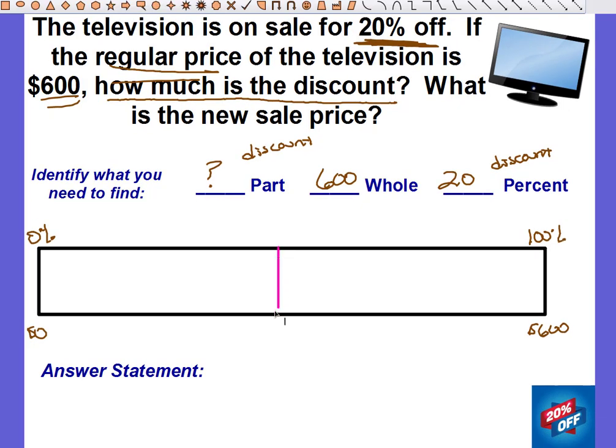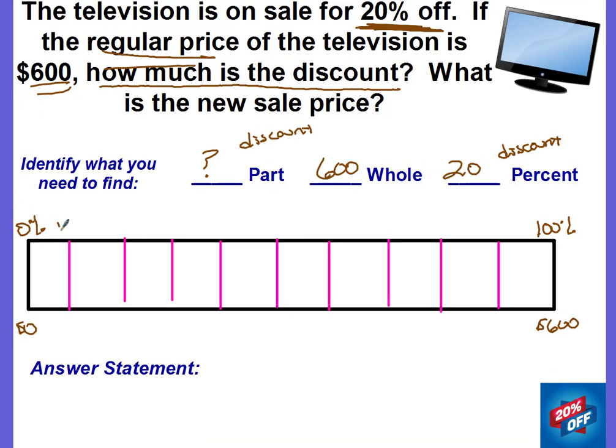Okay, let's go ahead and divide it into 10 parts. And we're going to label 0%, 10%, 20%, 30%, 40%. I could actually stop because right now I'm just looking for the 20% discount. Okay, so if I take my 600 and I divide it into 10 equal parts, each part is going to get 60. 60, 60.